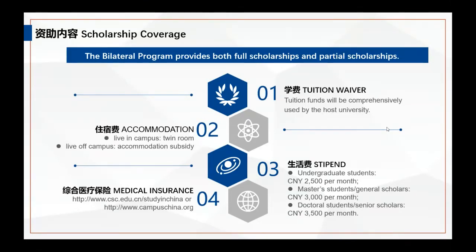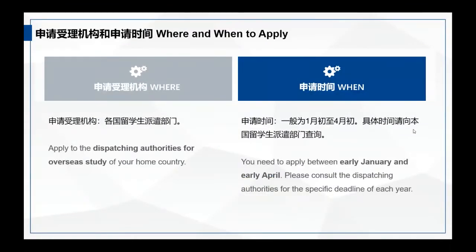The stipend differs in accordance to the supporting category: 2,500 yuan for undergraduates, 3,000 yuan for master students, and 3,500 yuan for PhD students. If you are interested in the bilateral program, you could apply to the dispatching authorities for overseas study of your home country. The application period is usually between early January and early April, but it will be different in each country. Please consult the dispatching authorities for the deadline.